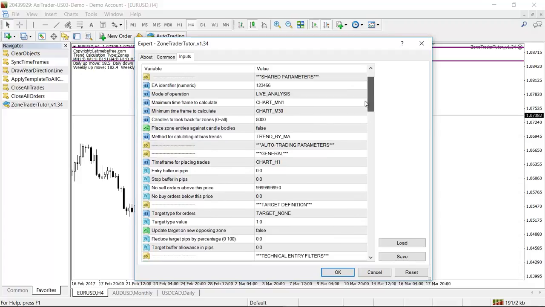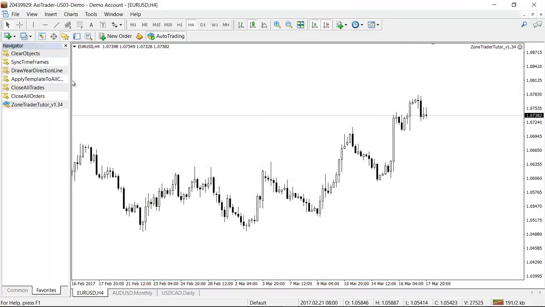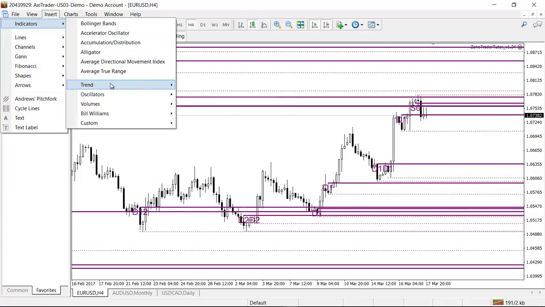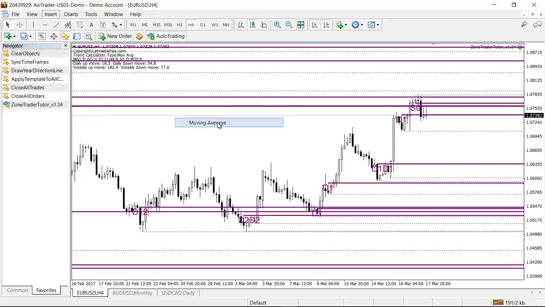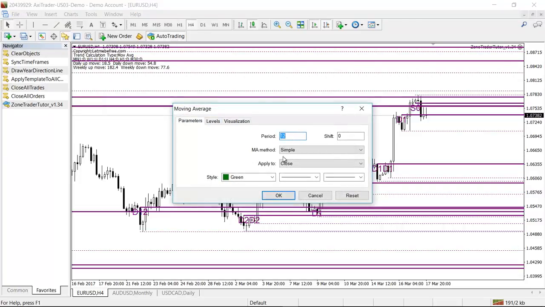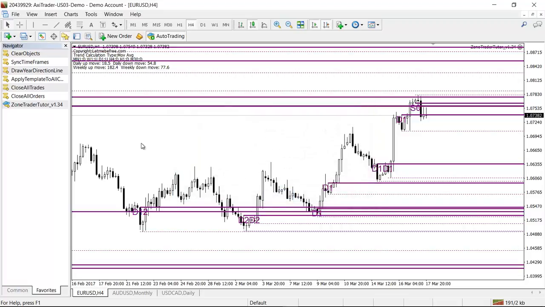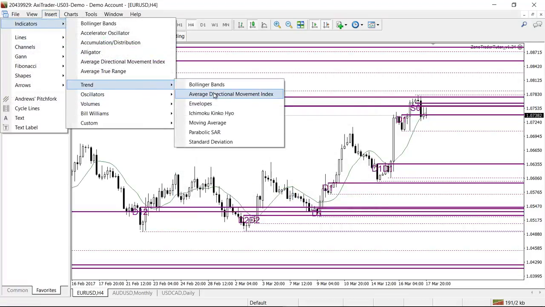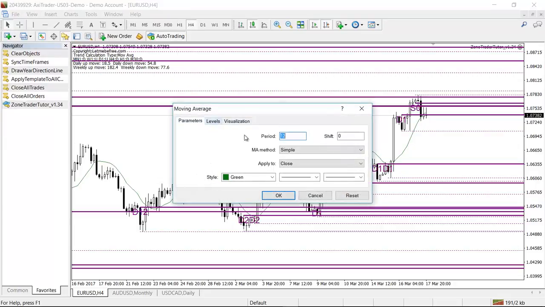I can show you that on the chart. If I set trend by moving average, with the fast at 10 and the slow at 12, I'll actually insert the indicators on the chart for you. So indicators, trend, moving average, 12, simple, it's going to be the slow one, and we'll do the same, indicators, trend, moving average, it's going to be the fast one.